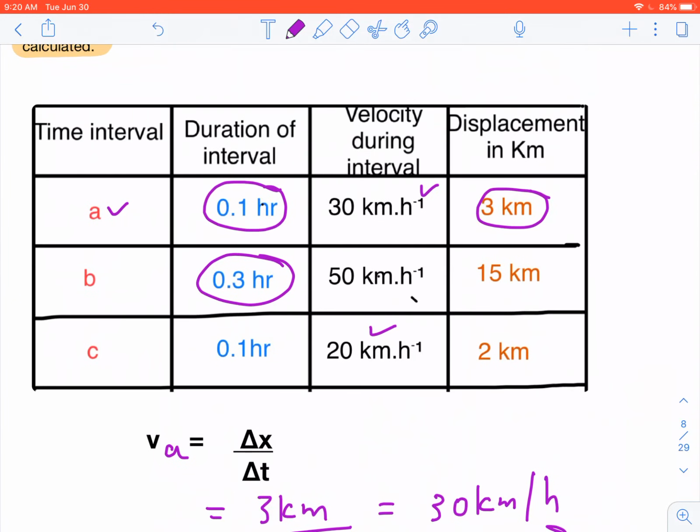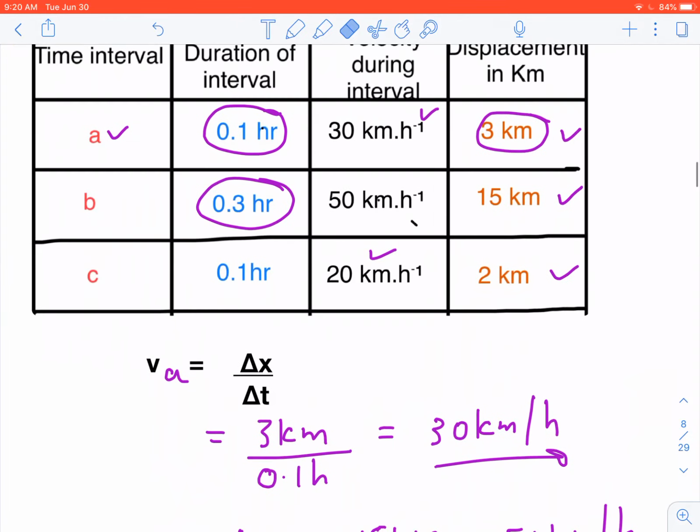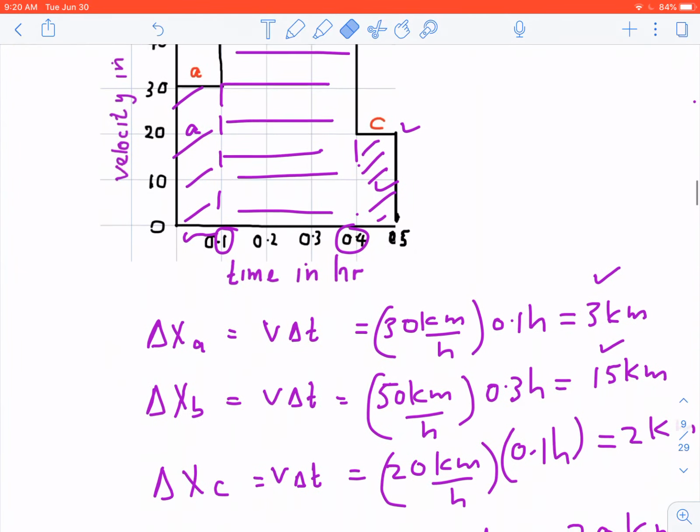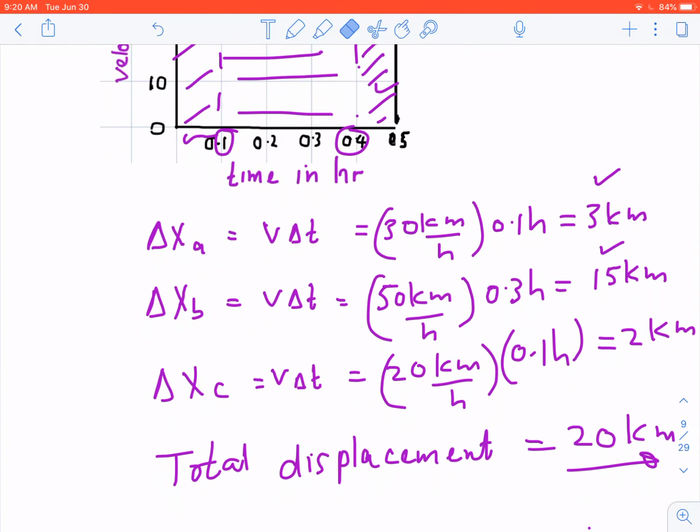It's 3, 18 plus 2 is 20. So here we were given a velocity-time graph, and we could determine the displacement. Okay, so there you have that.